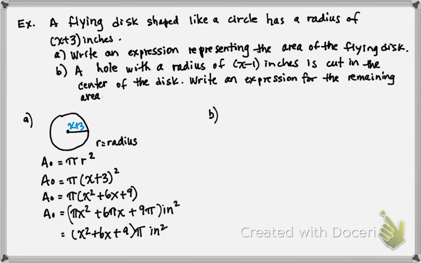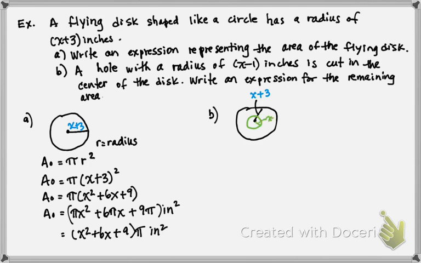B is the one that gets a little complicated. So now we're going to take that same circle. Oh, that's a beautiful circle. I don't know why I didn't take the path of an artist. I digress. Okay, but then it says we're going to cut from the center a hole that's x minus 1 inches for radius.